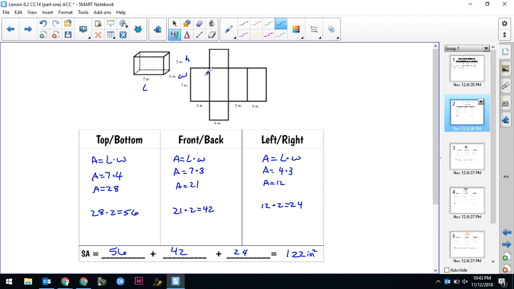Is there a formula for surface area of a rectangular prism? Take a few minutes, brainstorm, write down your thoughts on your notes with an empty space underneath that last rectangular prism. We'll talk about it first thing tomorrow. I'll be impressed if anybody figures that out.